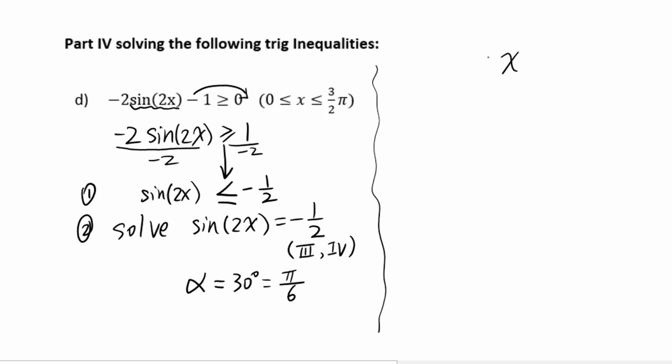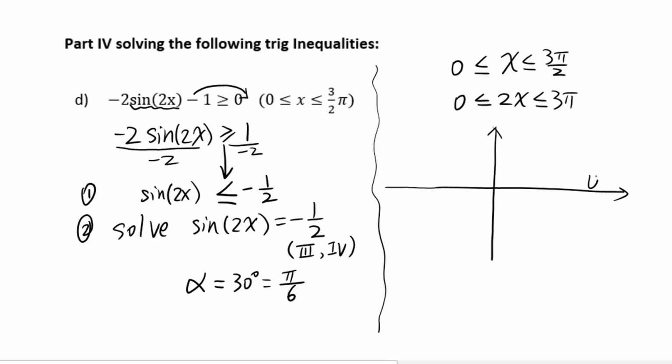Given the domain x greater than or equal to 0, less than or equal to 3 pi over 2, therefore 2x will be greater than or equal to 0, less than or equal to 3 pi. This is 0, pi, 2 pi, 3 pi, starting from 0 and ending at 3 pi.